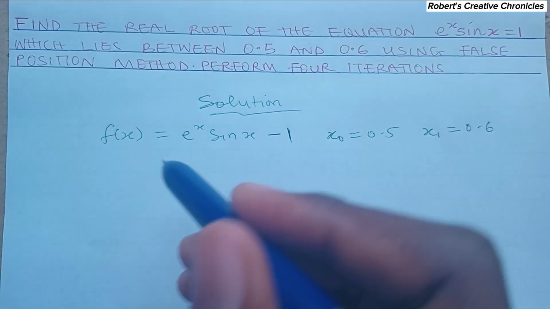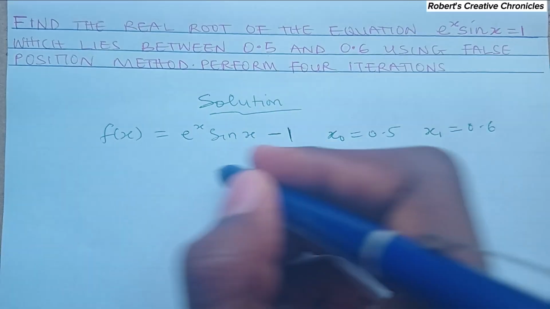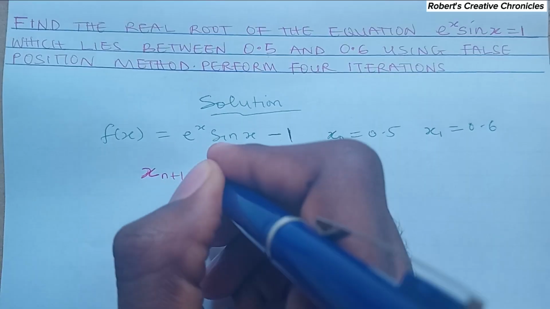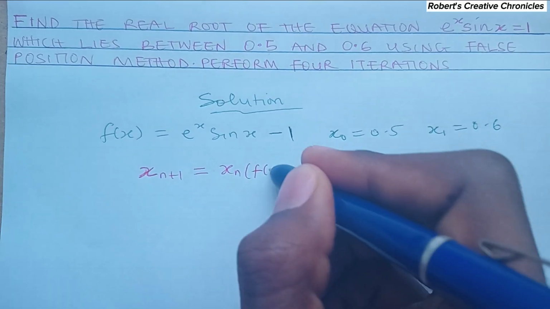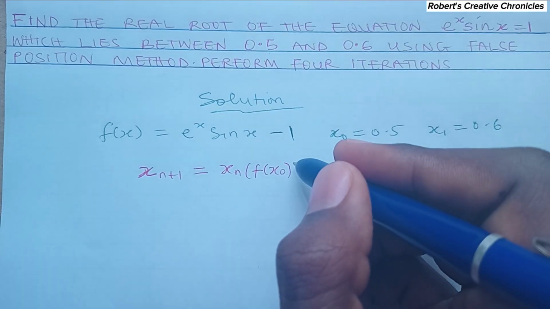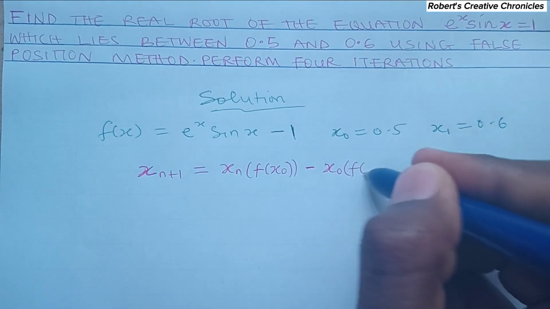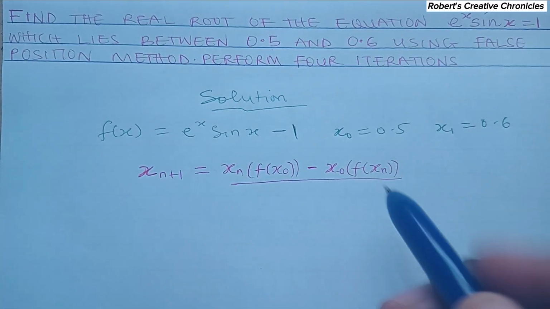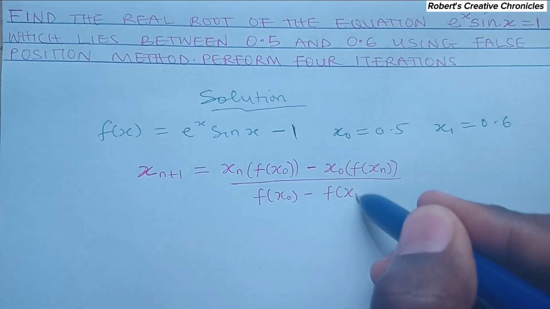So now we'll write the general formula for the false position method. The general formula is given by x(n+1) = (xn f(x0) - x0 f(xn)) over (f(x0) - f(xn)).